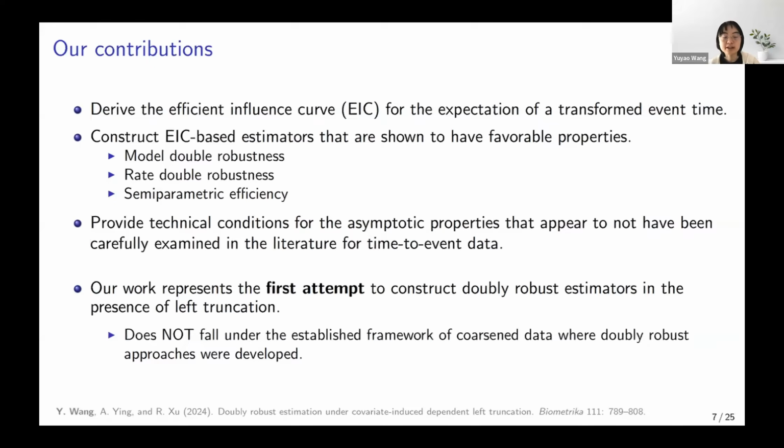And we also provide technical conditions for the asymptotic properties that appear to not have been carefully examined in the literature for time-to-event data. Our work, to the best of our knowledge, represents the first attempt to construct doubly robust estimators in the presence of left truncation, which does not fall under the established framework of coarsened data, where doubly robust approaches were developed.